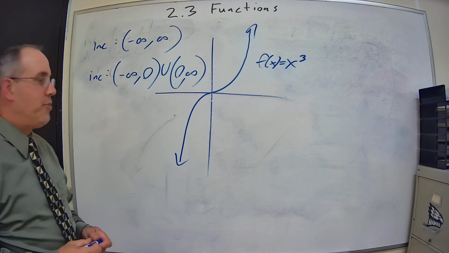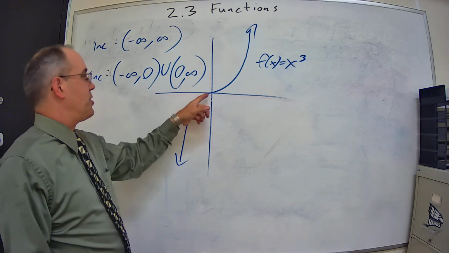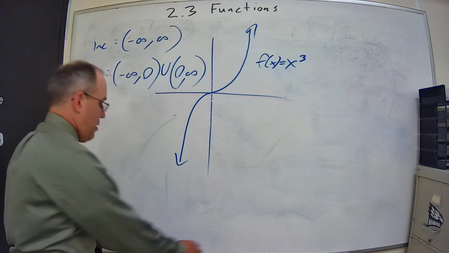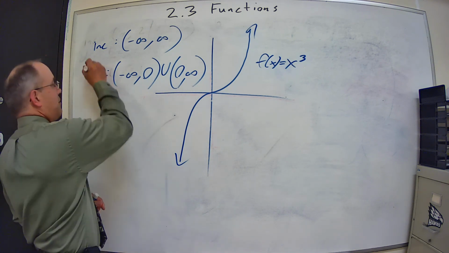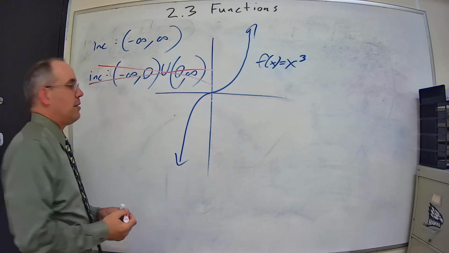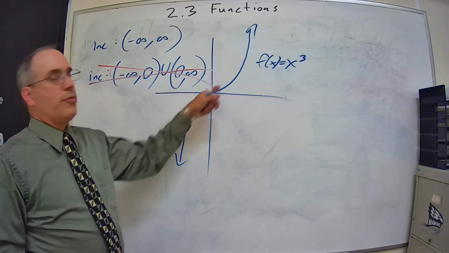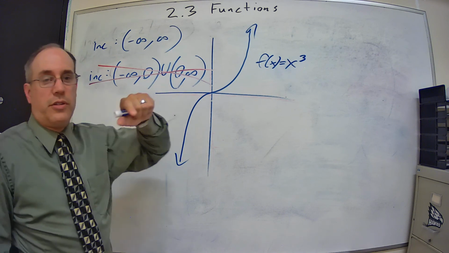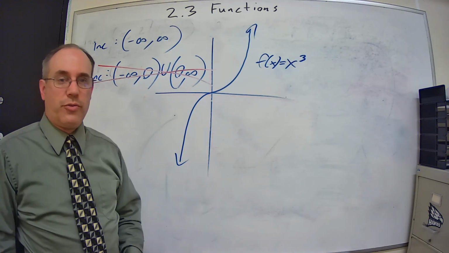I see people do that because they go, oh, it's increasing up to here and then it's increasing again. That is not correct. It's not increasing and then commencing to increase again. It is constantly increasing or continuously increasing.